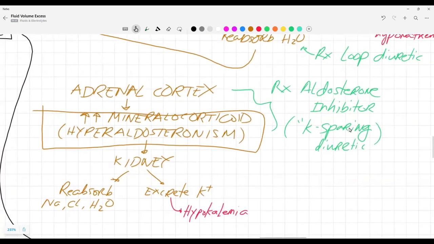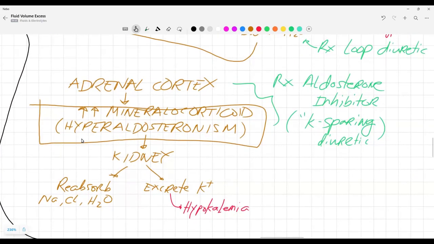In the adrenal cortex, in the case of a hyperaldosteronism condition, we know that a potassium-sparing diuretic such as spironolactone, the main class of it is as an aldosterone inhibitor. So it inhibits aldosterone, which is really what we want here, because we want to counter the abnormality of the increase in the aldosterone.